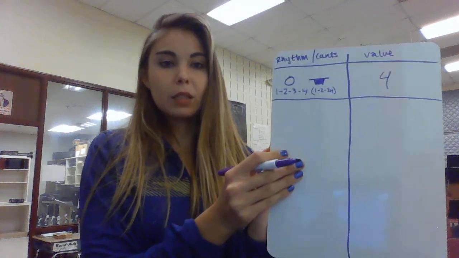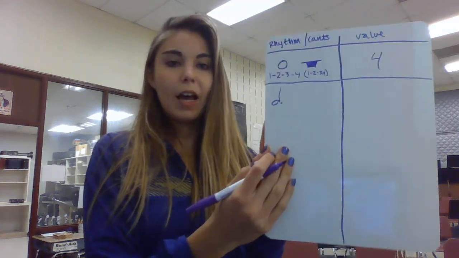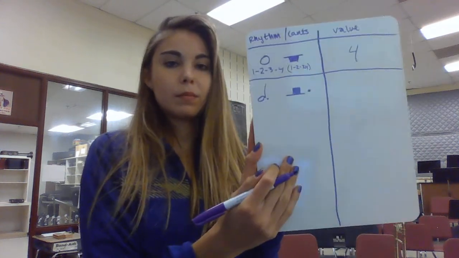Okay, on the other side, you're saying how many beats does the whole rest and the whole note equal? So it equals 4. Each one equals 4 beats. So you're just putting what it equals there. Next, we have our dotted half note and a dotted half rest. So that is a hat upright, not upside down, with a dot next to it.